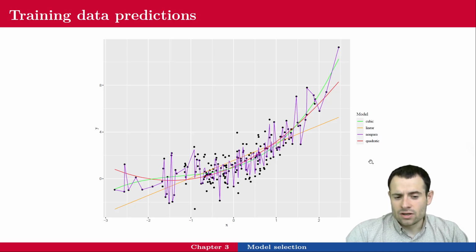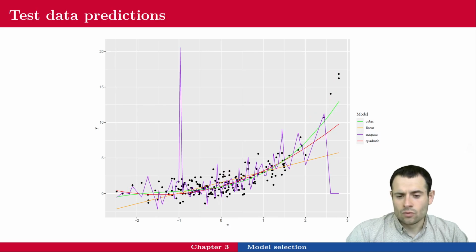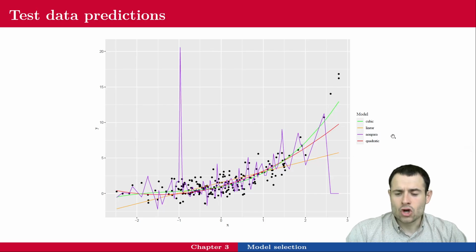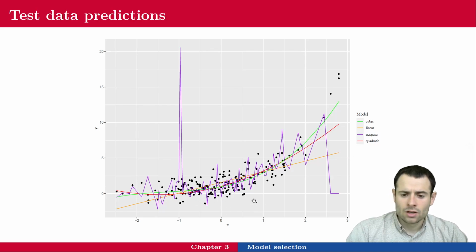Finally, the linear relationship is the same. It goes through many points. It is not as precise because, well, the true relationship is not linear, but it also seems to do fairly better than the non-parametric method.